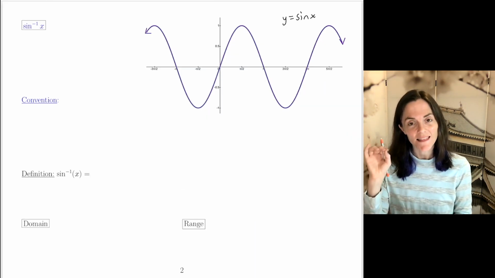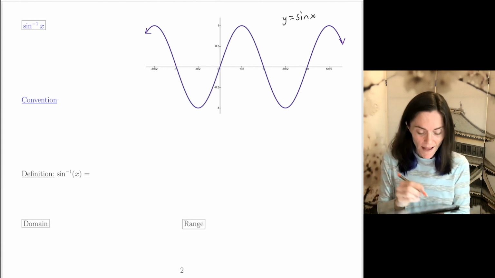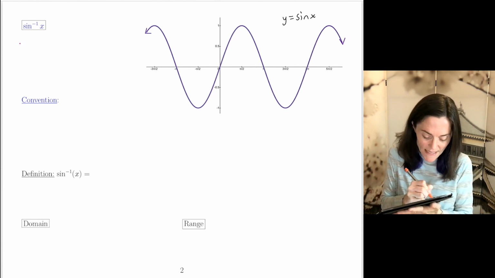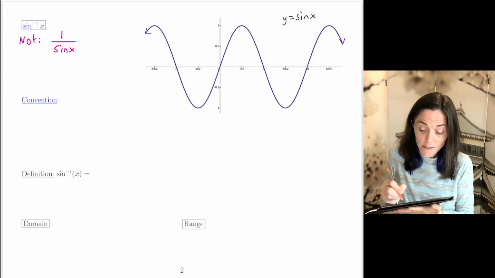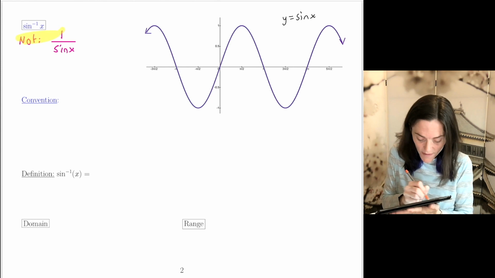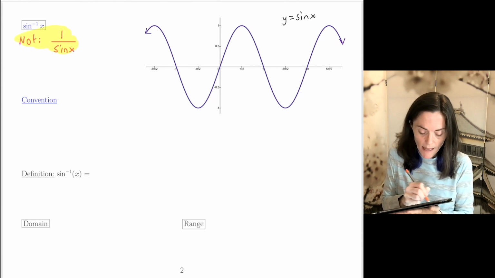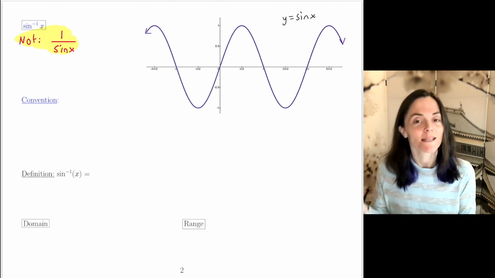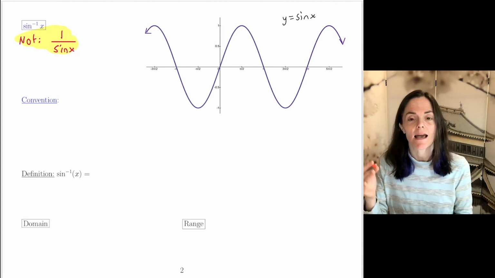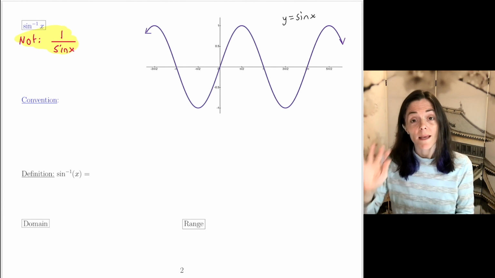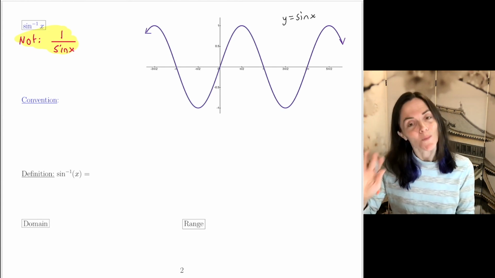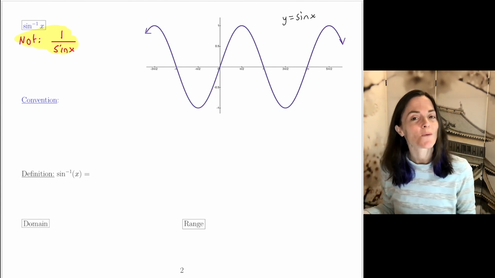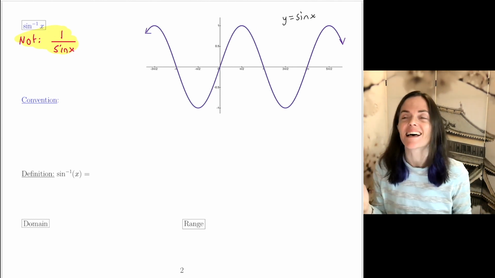Let's start with the inverse sine. I'll make this important comment. This is not 1 over sine. That's important to understand with all of the inverse trig functions. How do we get this? Well, we need to restrict the domain of the sine such that when we flip along the line y equals x, or equivalently, we interchange x and y, it passes the vertical line test.